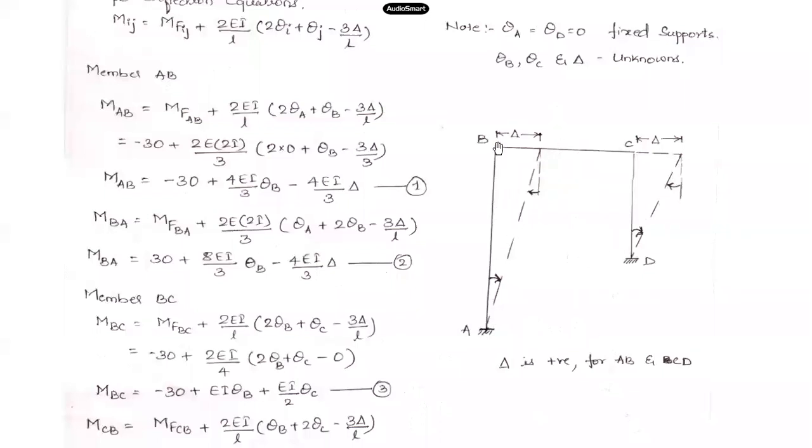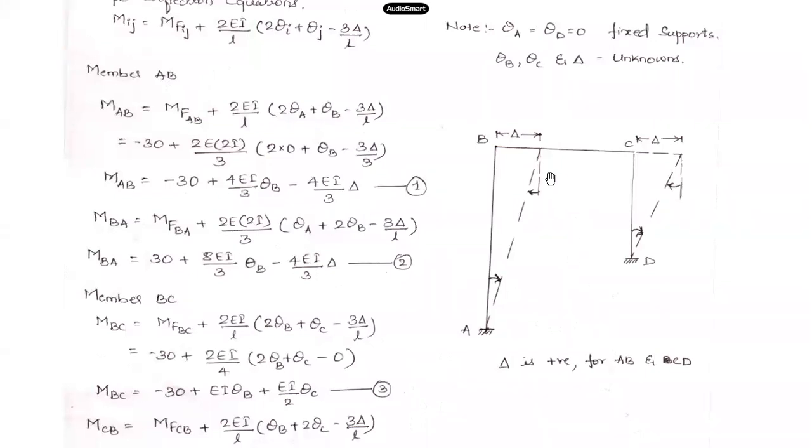This continuous line shows the original shape of the frame. Now I am trying to measure the rotation of the members in this frame which has undergone sway. I have taken member AB. With respect to joint A, the member has rotated in the clockwise direction.